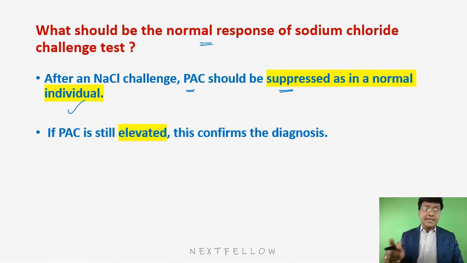But in patients with hyperaldosteronism, the plasma aldosterone concentration is still elevated in spite of doing the oral salt challenge test. And this will confirm the diagnosis of hyperaldosteronism, right?